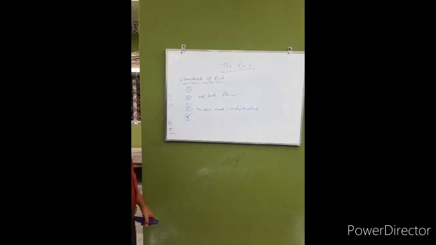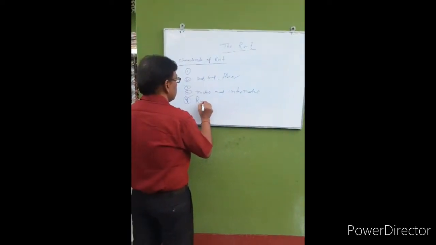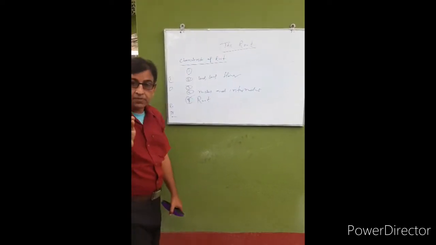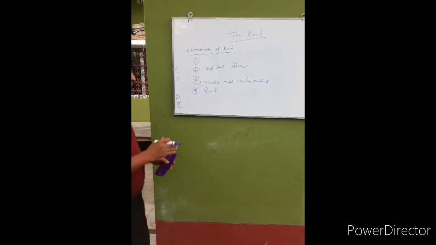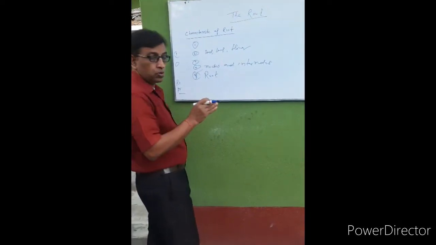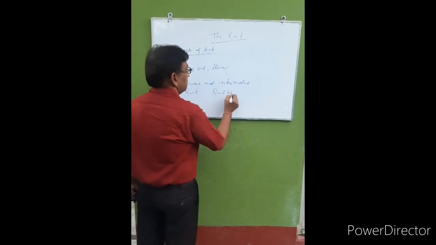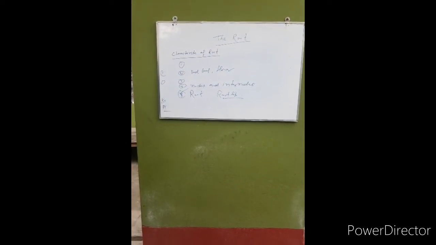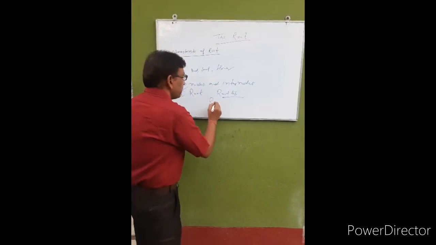Fifth, roots contain various parts, various regions, and the tip of the root, also called the root tip, is covered with a cap-like structure, which is called the root cap.